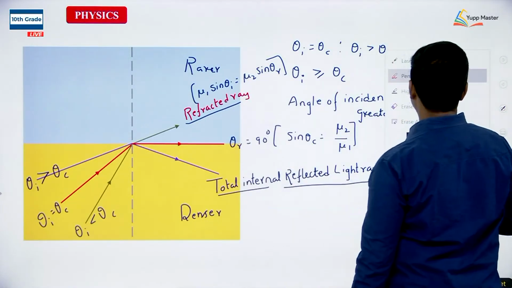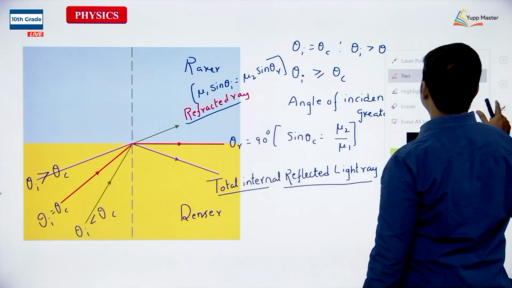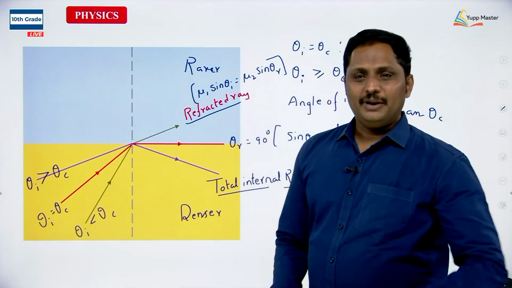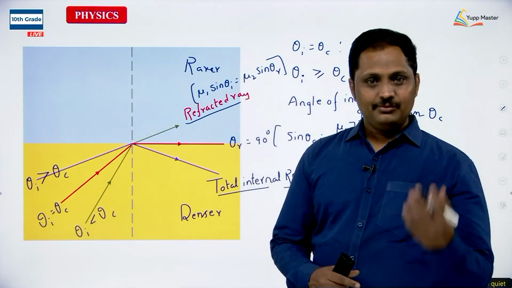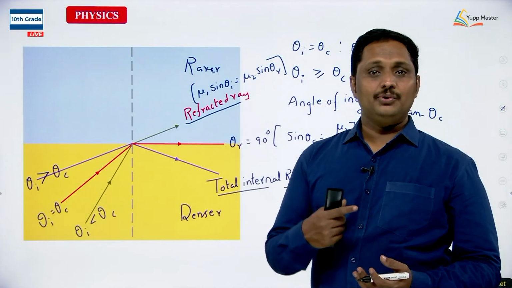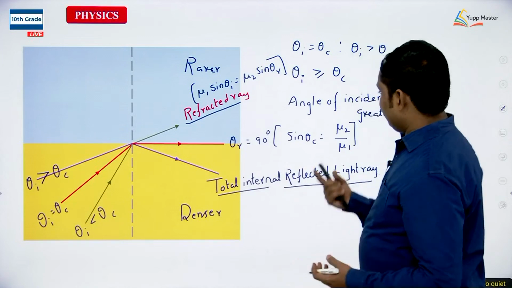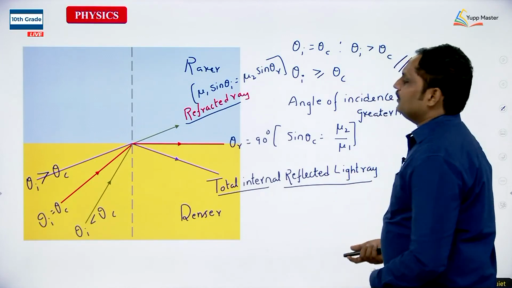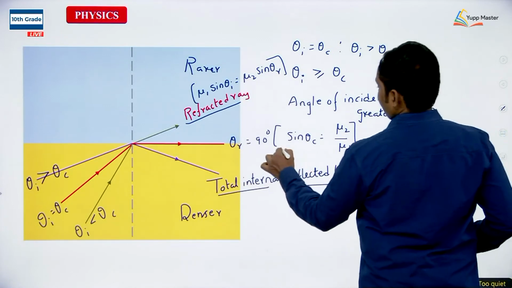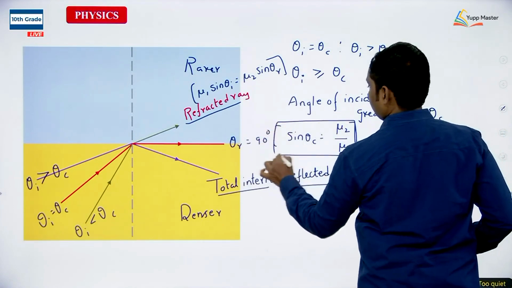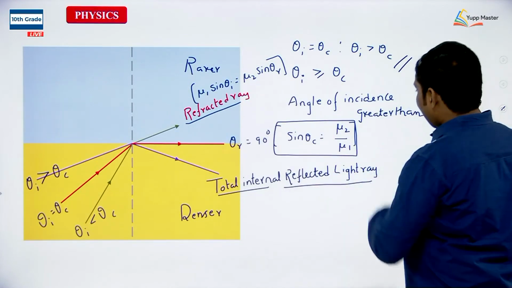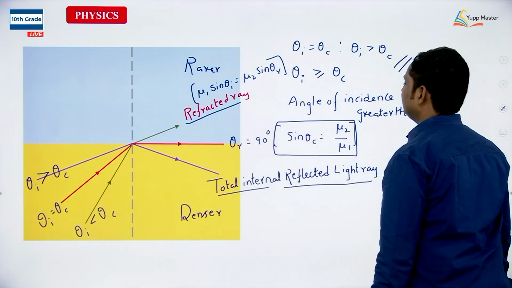Now, for the critical angle, if the temperature changes, sometimes the density of the material changes. How can you find that? That is a separate case. Now, you will easily solve the problem by getting this condition: sin theta c is equal to mu 2 by mu 1, right.